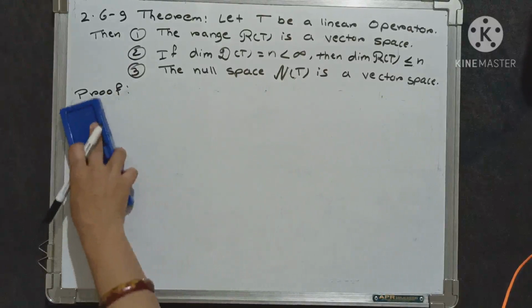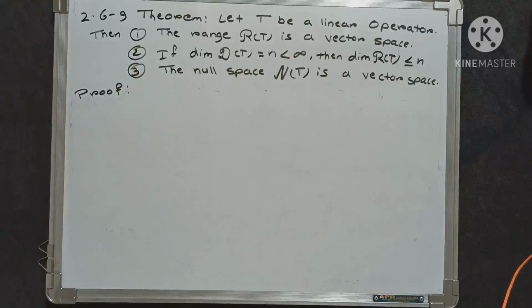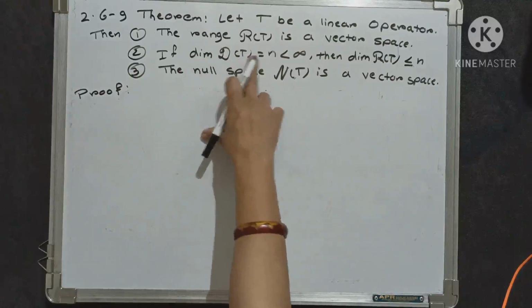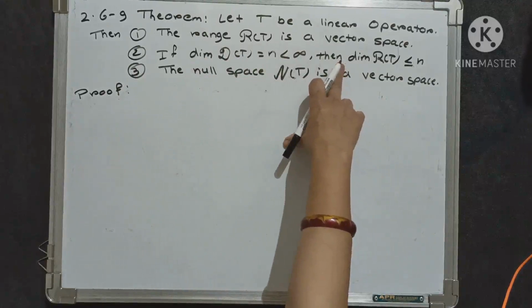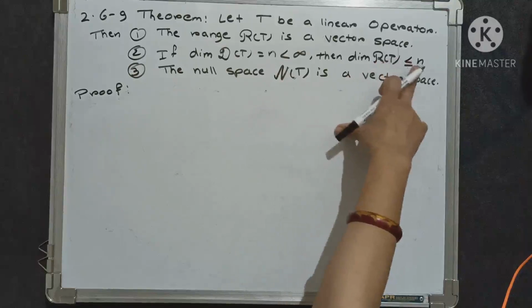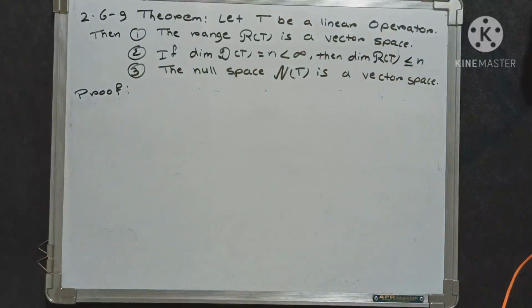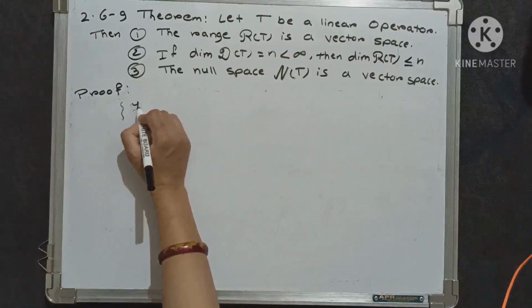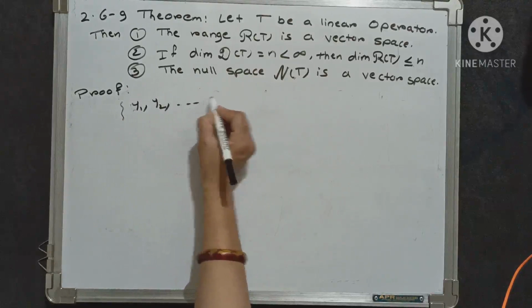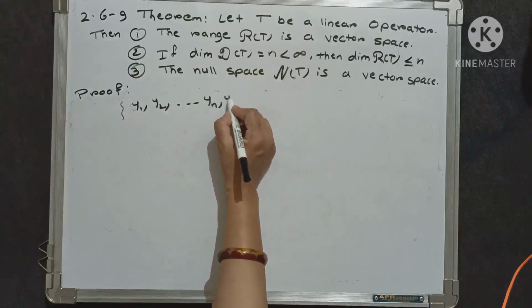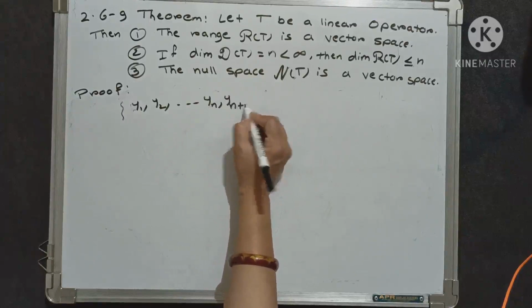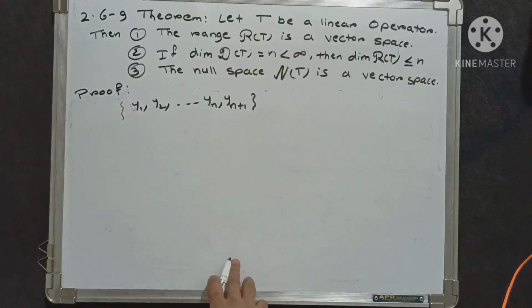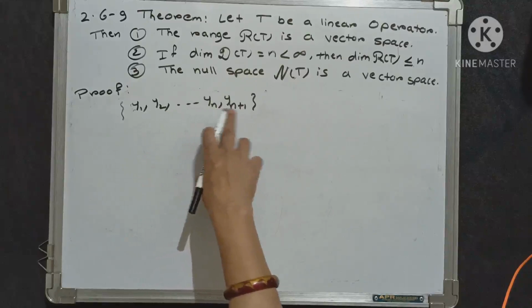Now we have to prove the second statement: if the dimension of the domain is equal to n, then the dimension of the range is less than or equal to n. To show this, we take a set of vectors y1, y2, up to yn, and one more element, yn plus 1.